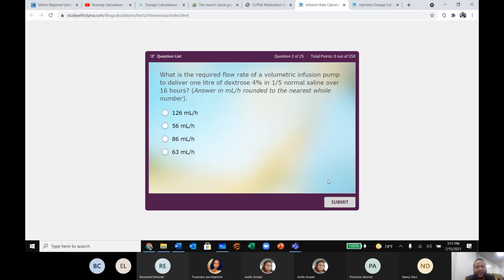And then, what is the required flow rate of a volumetric infusion pump to deliver 1 liter of dextrose at 4% in 1/5 normal saline over 16 hours?